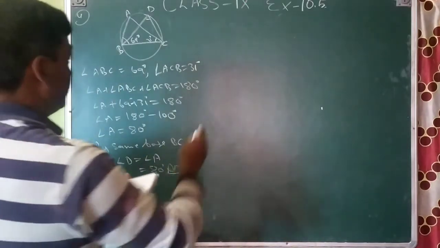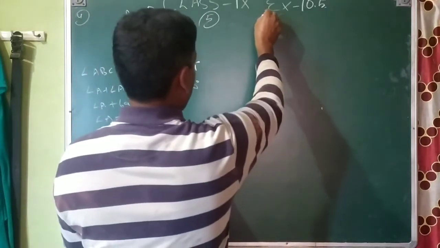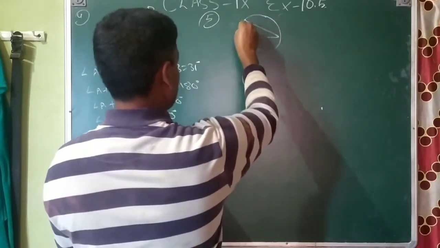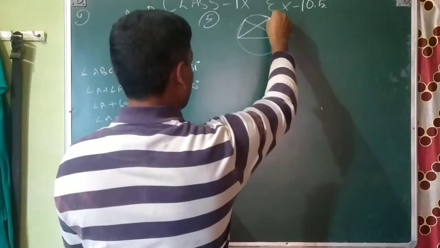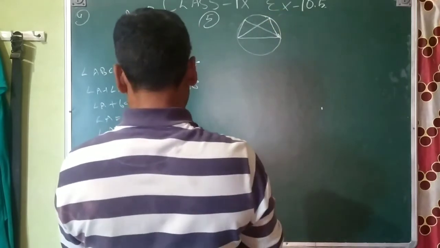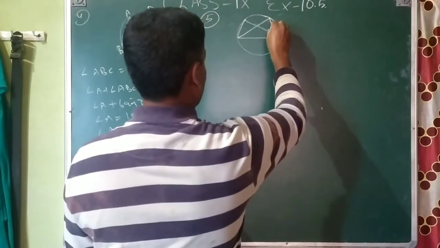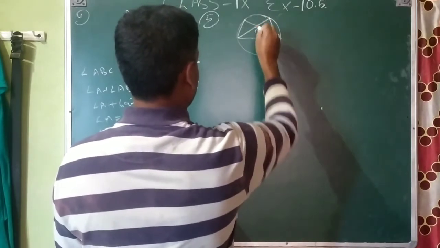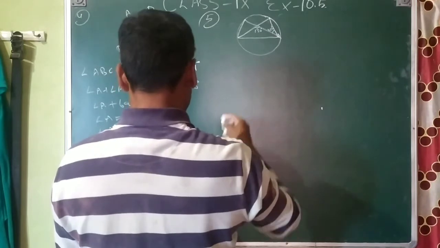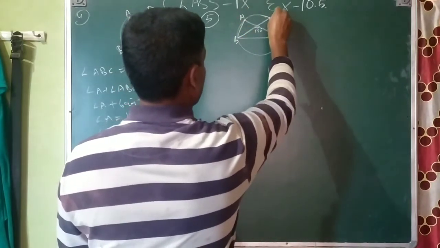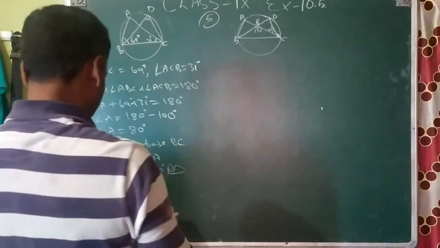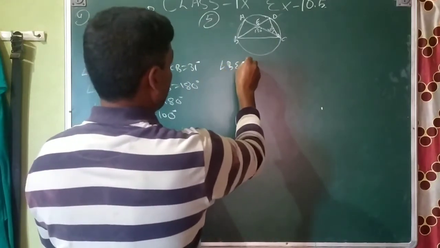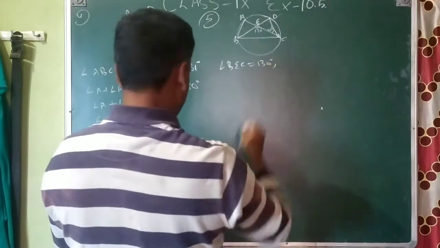Question number 5. The diagram is also given here. This is a circle, and then this is 20 degrees, this is 130 degrees, and A, B, C, D, E. Angle BEC is equal to 130 degrees, that is given.